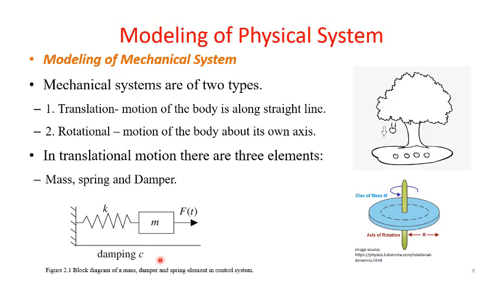Air also acts as a damper and resists the motion. This is also called friction, and it acts as a damping element. So in the case of translation motion, all these three elements are the key elements for building a model of a mechanical system, especially in control engineering.